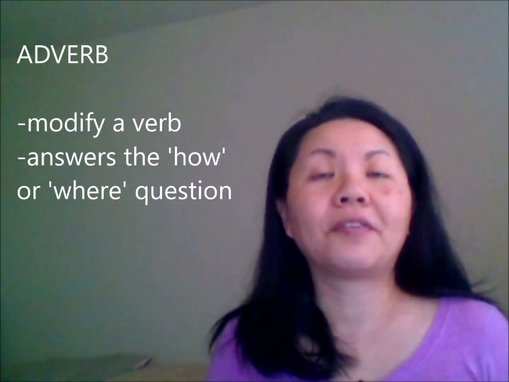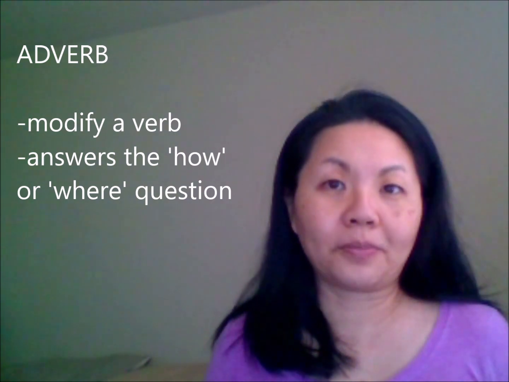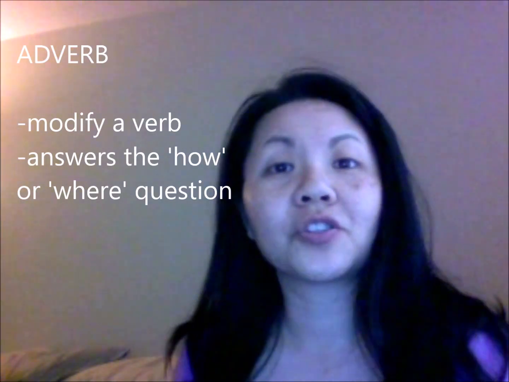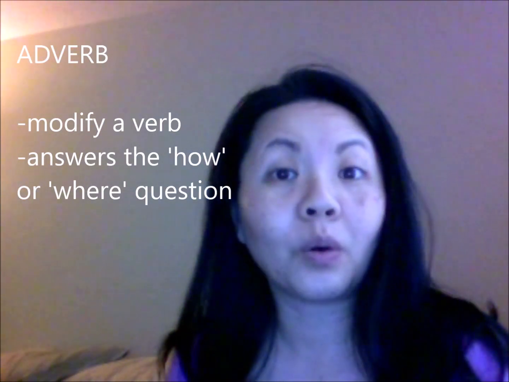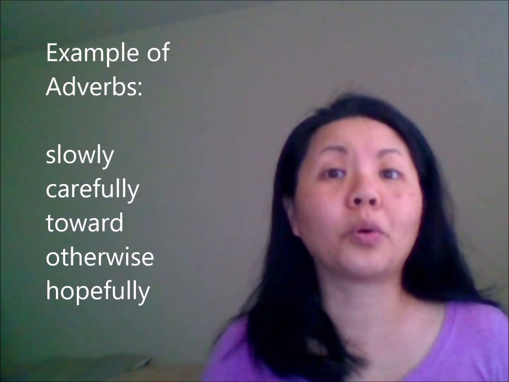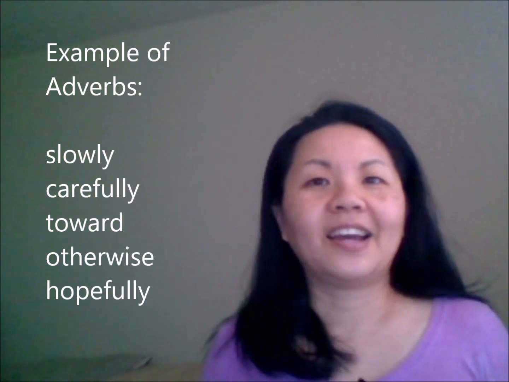Adverbs are words that modify or describe a verb, and adverbs usually answer the questions of how and where in a sentence. So examples are like slowly or towards, otherwise, hopefully. Now let's take a look at 4 word endings that we often see in adverbs.